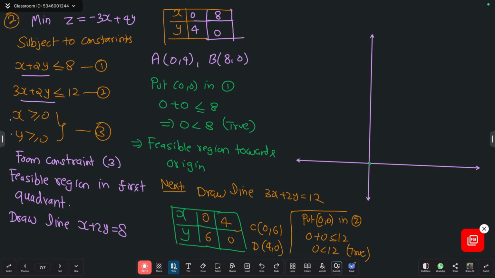True means the feasible region is towards the origin for this inequality.